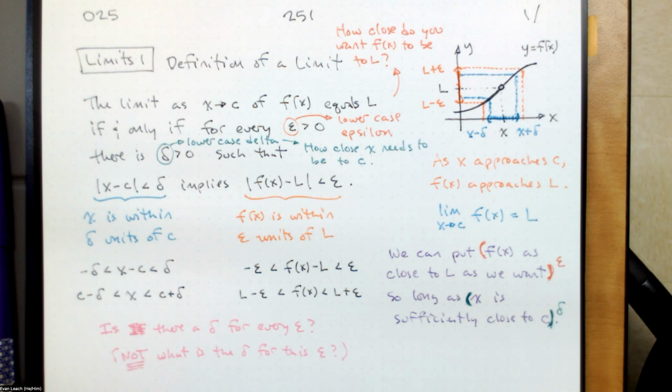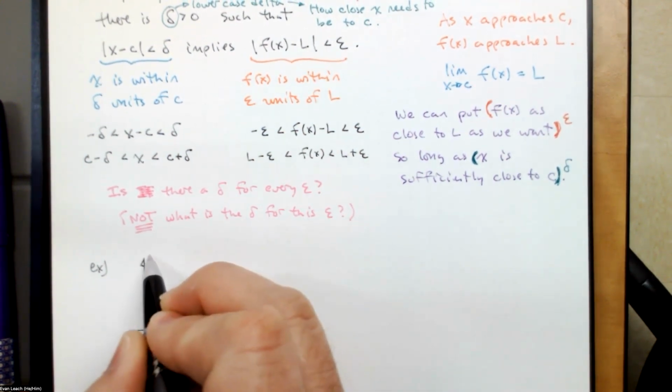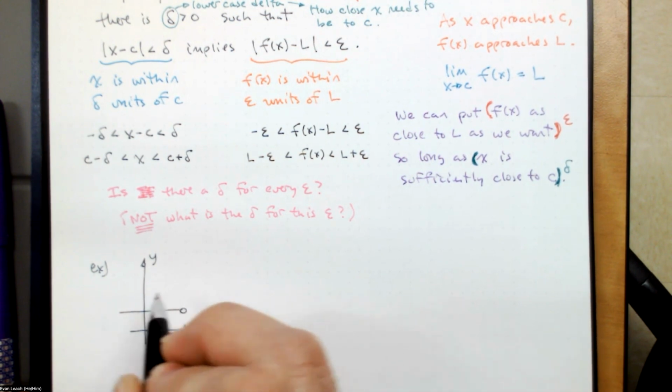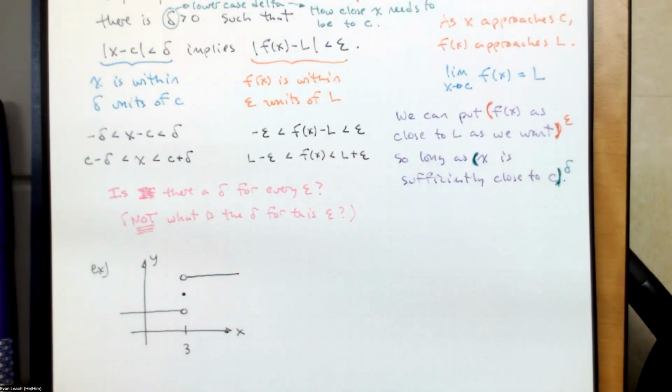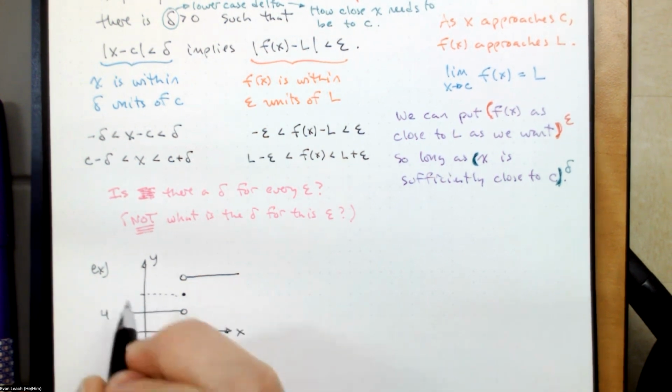Let's see some pictures that don't fit this description. Let's say this line is at 4. This is at 5.